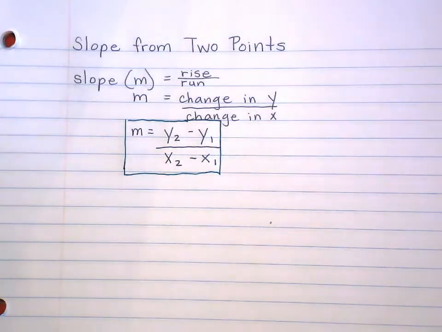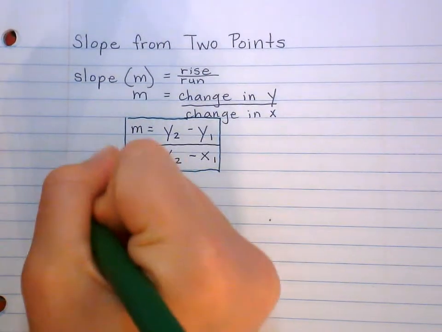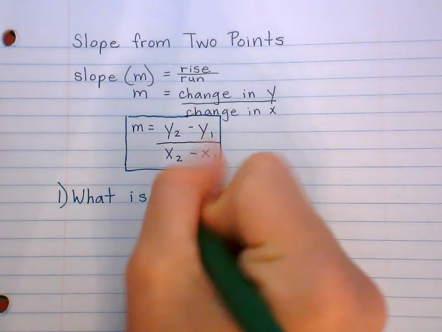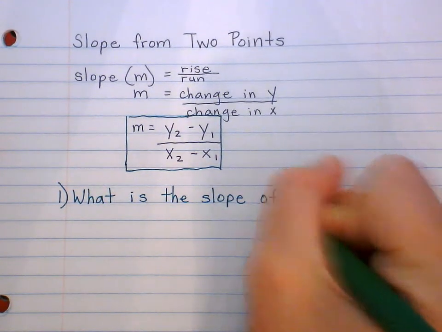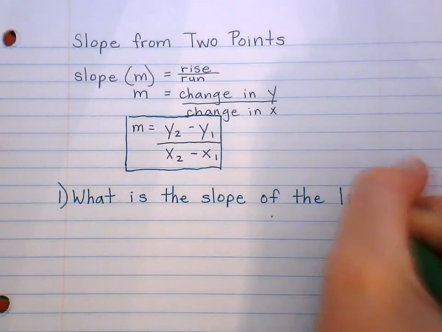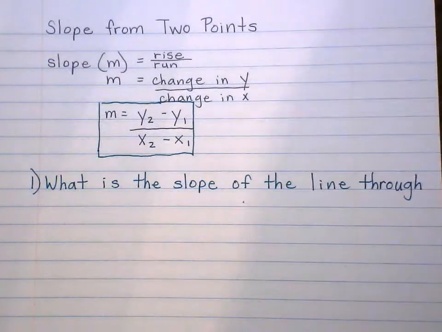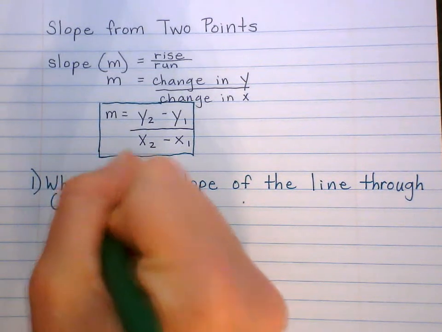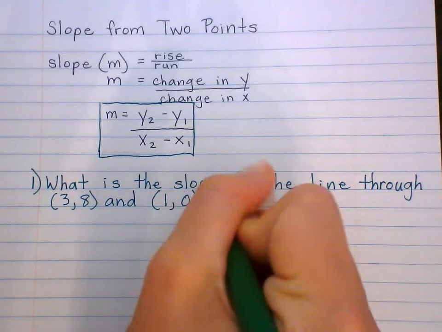Okay, so let's say, for example, the first question says, what is the slope of the line through the points (3, 8) and (1, 0)?